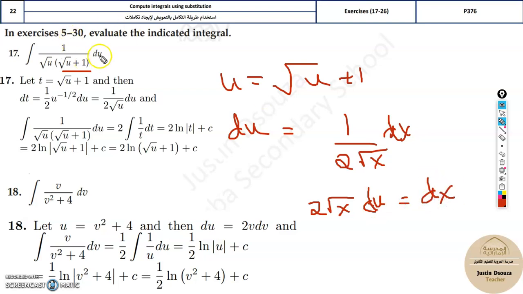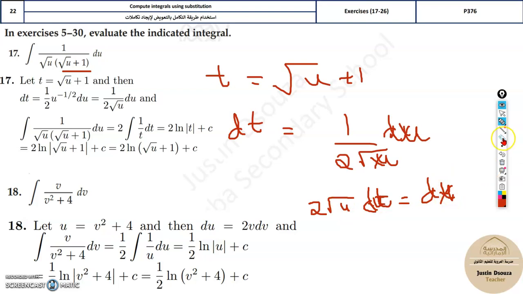I'm sorry, because here they have already given u, so you do not substitute u; you need to substitute some other variable, it can be t, x or y. Here it's t, so dt. The given values are in u. Now we need to write everything in terms of t.